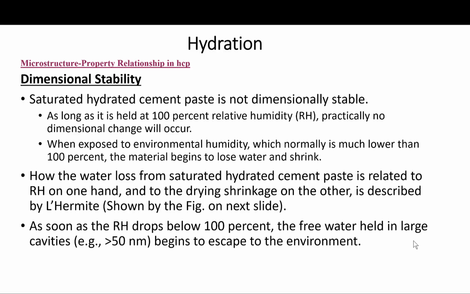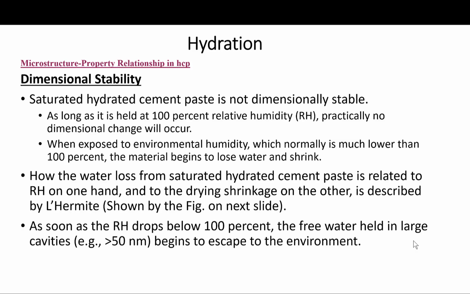Okay, the next property we will talk about is the dimensional stability of the paste or the concrete. So it is known that saturated hydrated cement paste is not dimensionally stable. As long as it is held at 100% relative humidity, practically no dimensional change will occur.